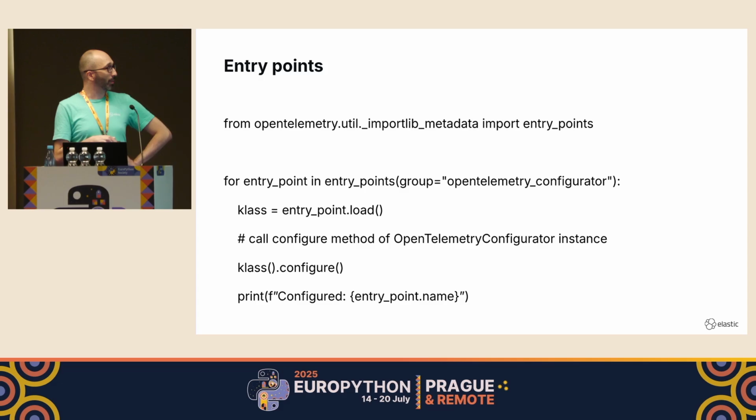So in this example, we are just going through these entry points. We are consuming the OpenTelemetry configurator group that we defined before, and we're just getting the class, the one we defined as the value of the name we set before. And we're just calling the configure method of an instance of the OpenTelemetry configurator. This is just an example, you can use them for everything.